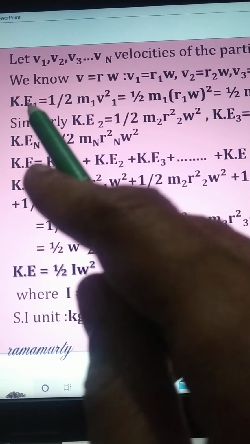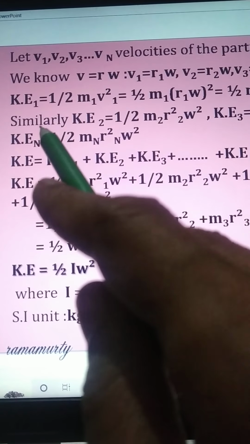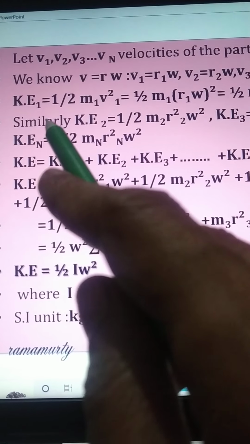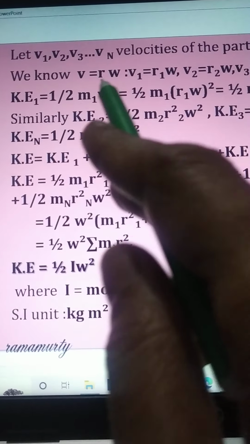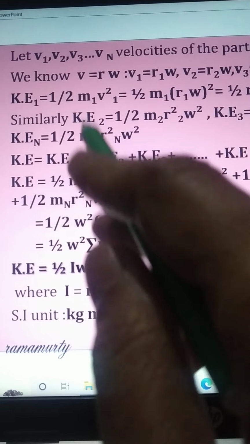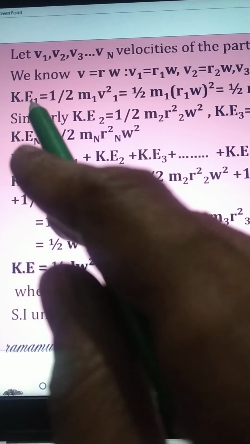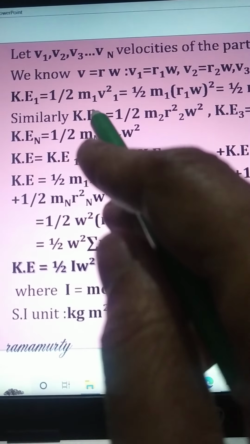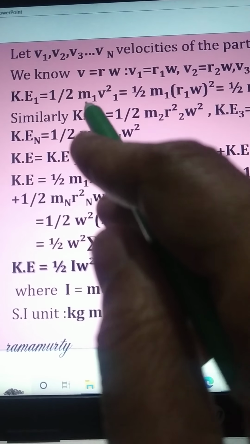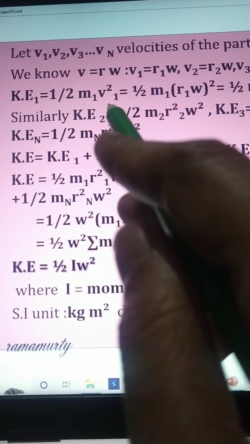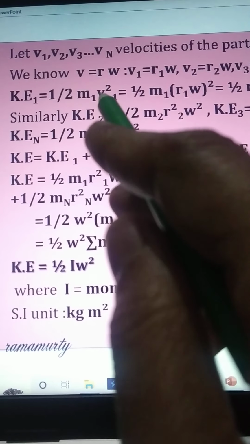Now, we know the total kinetic energy is the summation of the kinetic energies of all particles. For the first particle, the kinetic energy is half m v squared, where m1 is the mass of the first particle and v1 is its linear velocity.